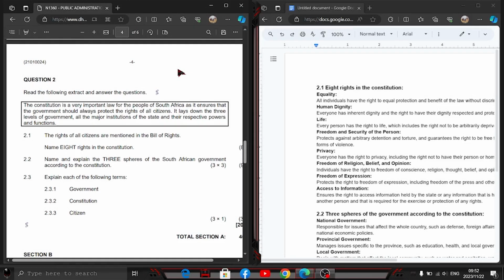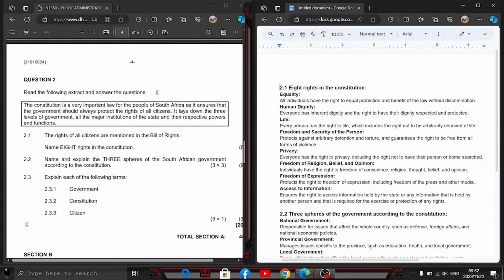The first right on the Bill of Rights or on the Constitution is equality. Now, this means that all individuals have the right to equal protection and benefit of the law without discrimination. That means, as an individual, as I am here right now, as you are there right now, we both have the equal right to be protected by the same law equally, without any discrimination.